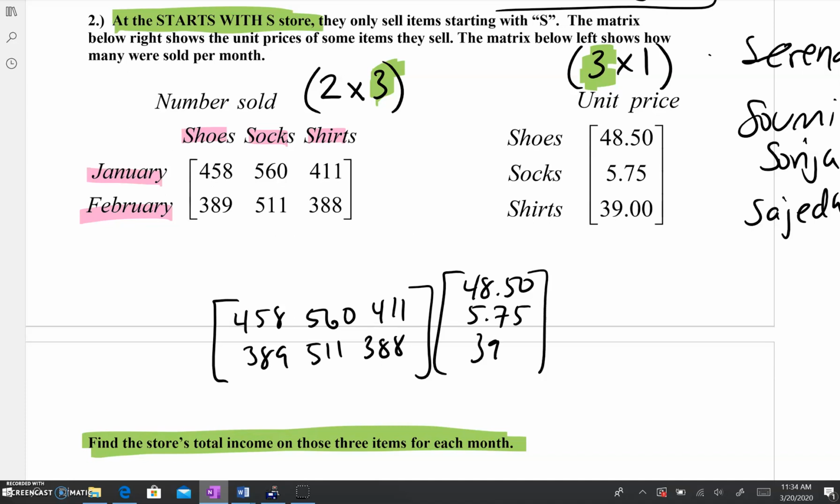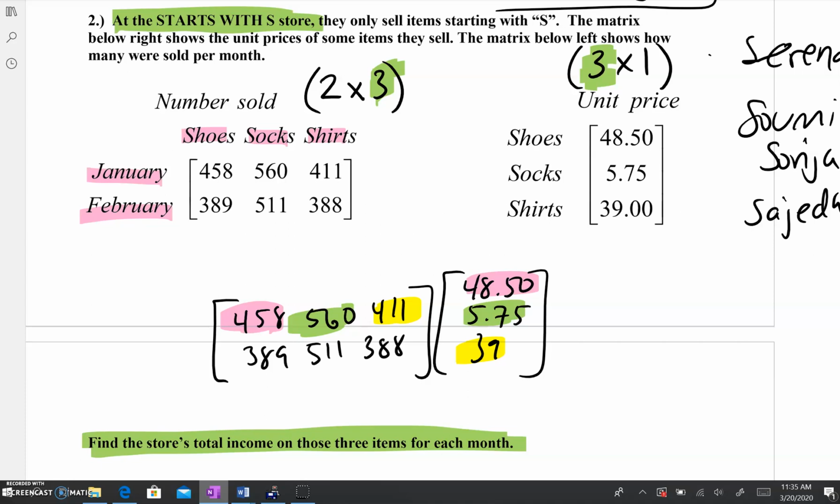Okay. So from here, if I wanted to find how much money they made, I would take number of shoes times shoe price. Add that to number of socks times sock price. Add that once again to number of shirts times shirt price.